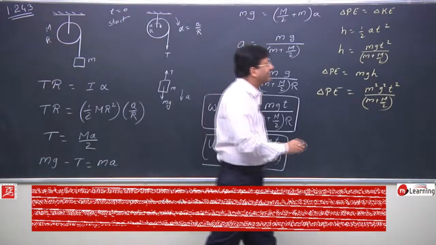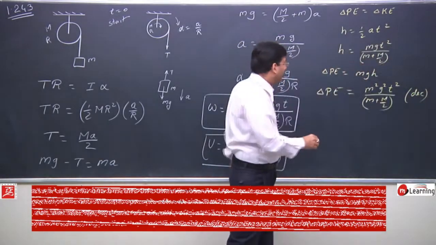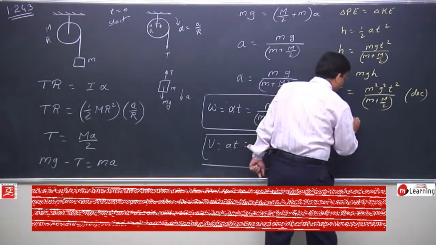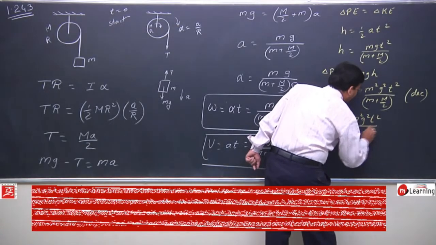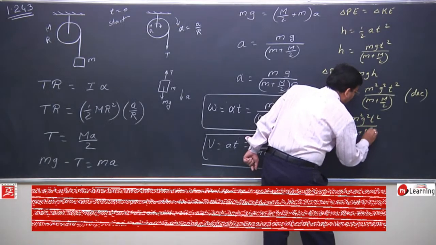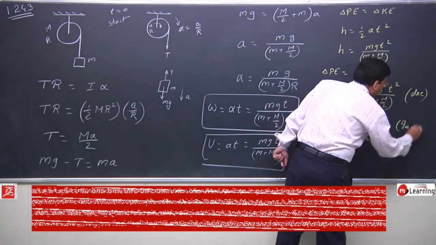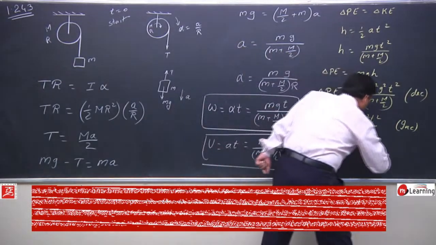This is the decrease in potential energy, and the same would be the increase in kinetic energy. This is m square g square t square upon, this is the increase in kinetic energy of the system.